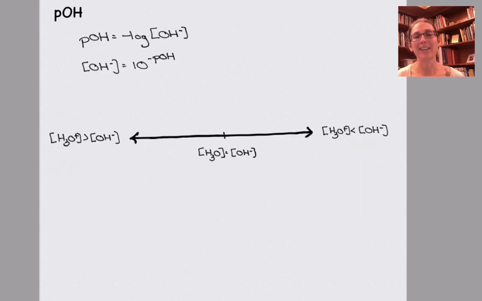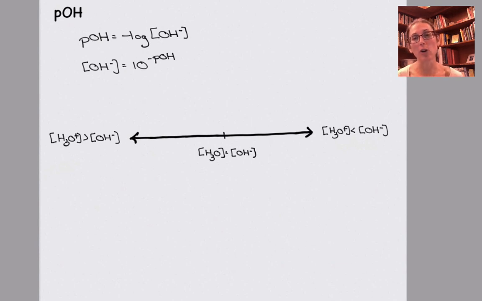There is an analogous scale for the concentration of hydroxide called the pOH scale. You've probably never seen it before, but we're going to use it this year. So pOH is the negative log of the hydroxide ion concentration, and if I know the pOH, I can calculate hydroxide by taking 10 to the negative pOH.